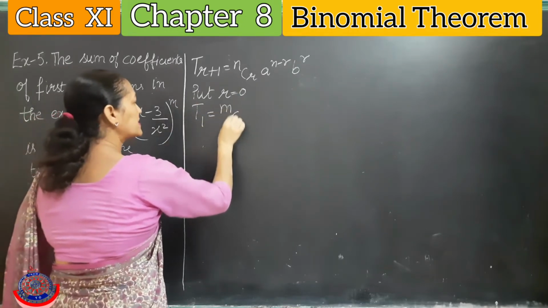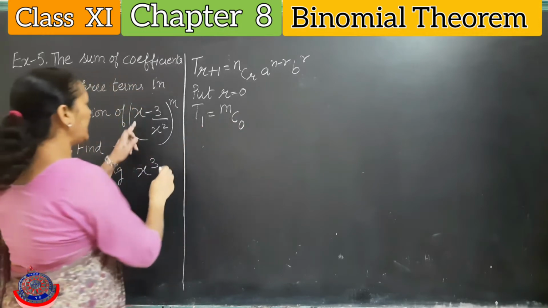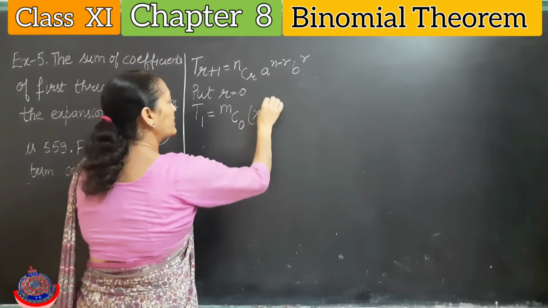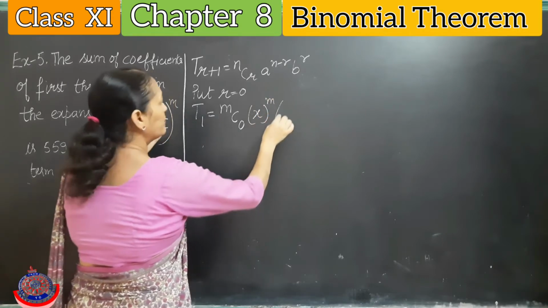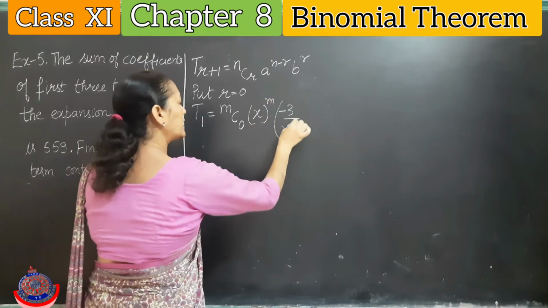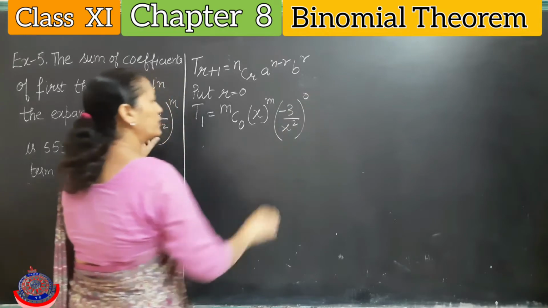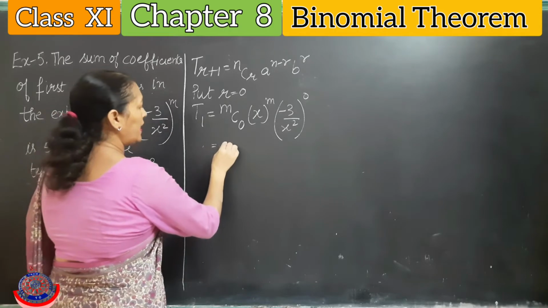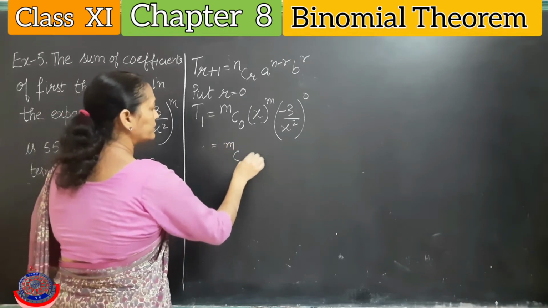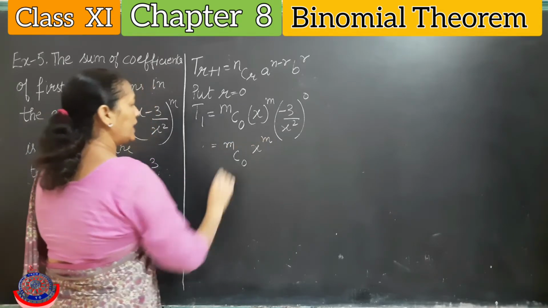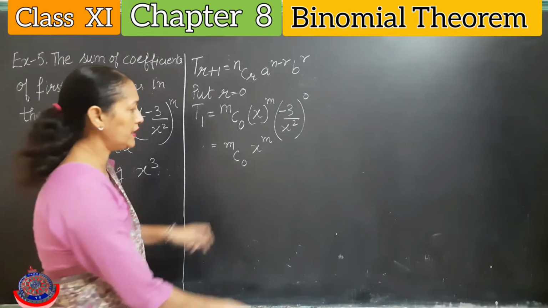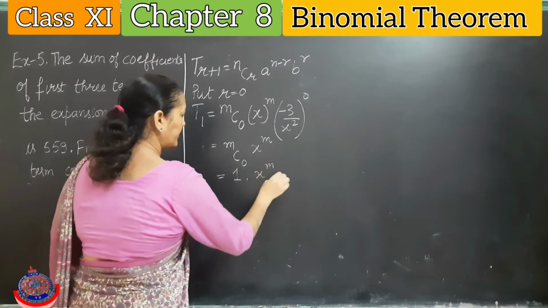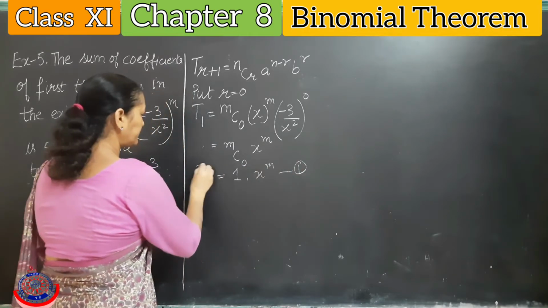So mC0, the first term is x, x power m minus 0 will be m only. Second part, minus 3 upon x square power 0; anything raised to power 0 will be 1. So we are left with mC0 x power m, and mC0 means 1 only, 1 into x^m. First term.